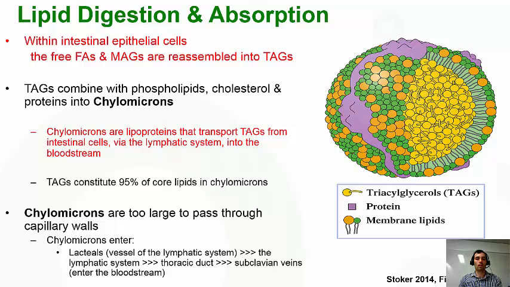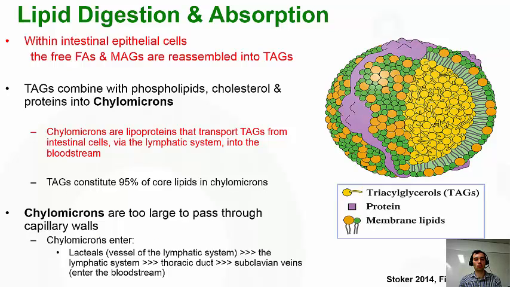Remember, the triacylglycerols are nonpolar, so they need a carrier to carry them through polar environments. And remember, the body is mostly made up of water. So the chylomicron is the lipoprotein that will carry the lipid through the lymphatic system onto the bloodstream. And the triacylglycerols are the major constituents of these chylomicrons.